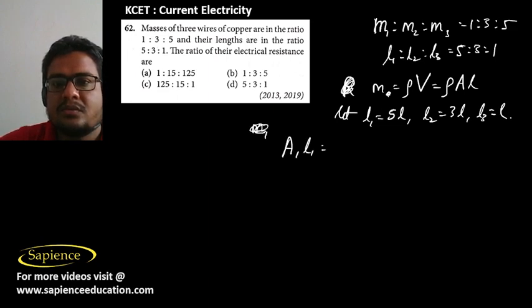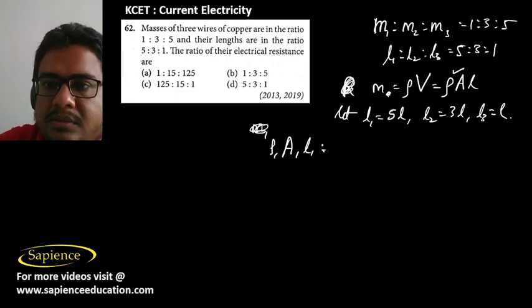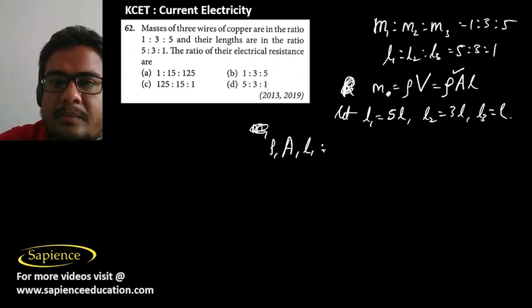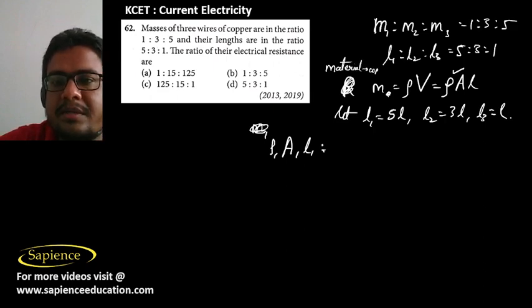The density will be the same since all 3 wires are made of the same material, copper. So all 3 wires will have the same density. This rho is not the electrical resistivity, it is the density.